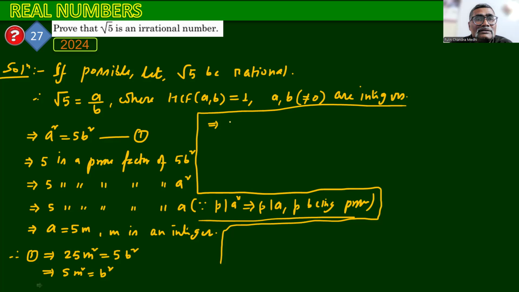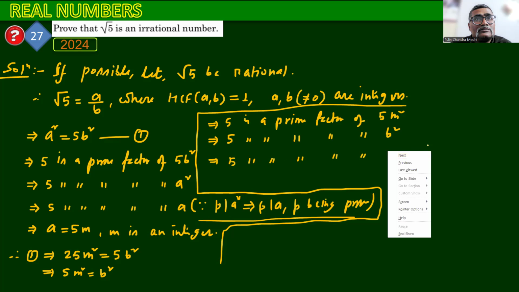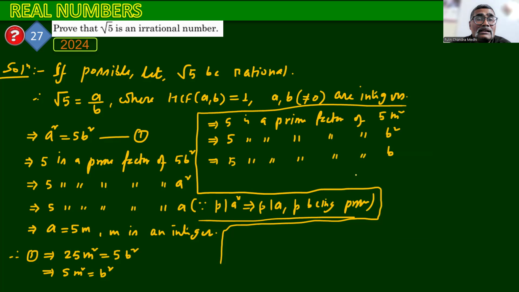Again, it is the same: 5 is a prime factor of 5M square. 5M square means B square, and that means 5 is a factor of B. Why B? Because I have this theorem.